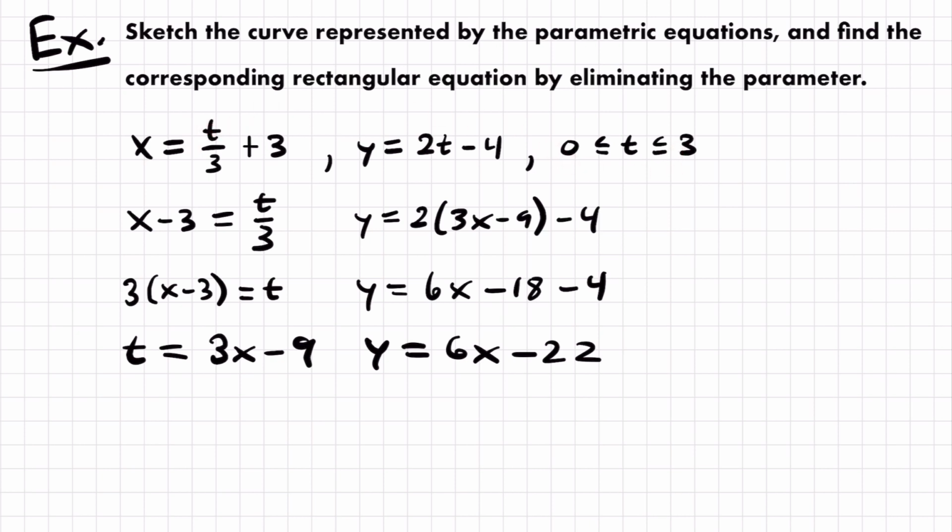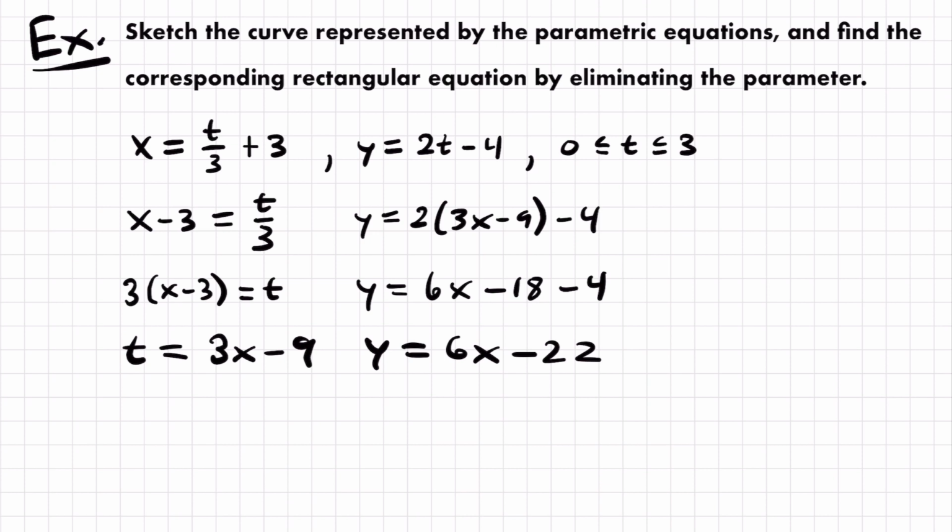The way we can figure out our two endpoints, meaning the initial point of our plane curve and the terminal point, is by plugging the endpoints of this interval into each of these parametric equations. Once we have the initial point and the terminal point, then we will sketch our curve, or in this case, our line.